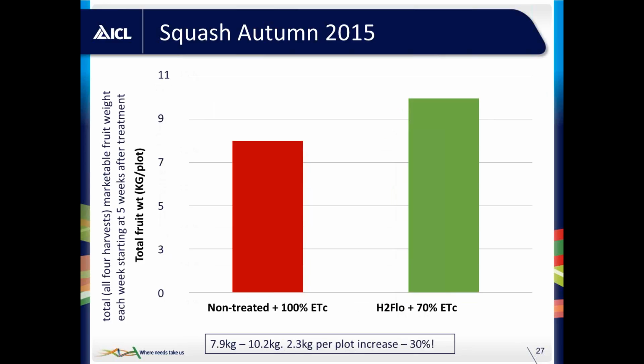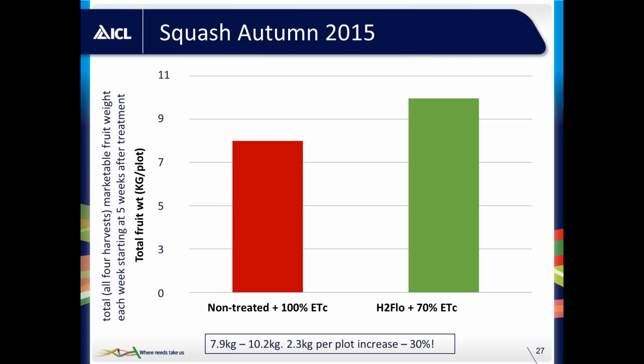Now this next slide shows you the total fruit weight, in kilograms per plot, and it's a total, so all 4 of the harvests added together, starting 5 weeks after the first treatment.